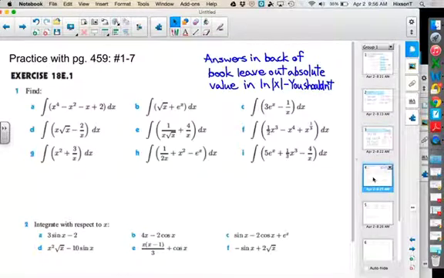One thing to note, the book is inconsistent in the back of the book as far as how it gives its answers. I haven't checked the hard copy, but at least in the PDF version of the textbook, sometimes they're missing the absolute value symbols when they have the natural logs, okay? Those are not optional. You do need the absolute value symbols.